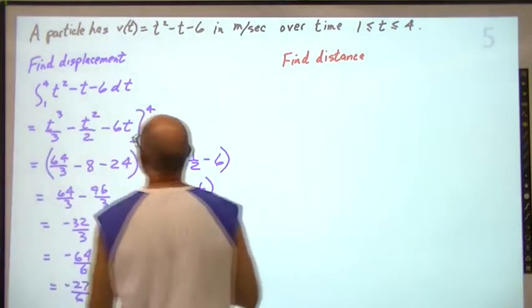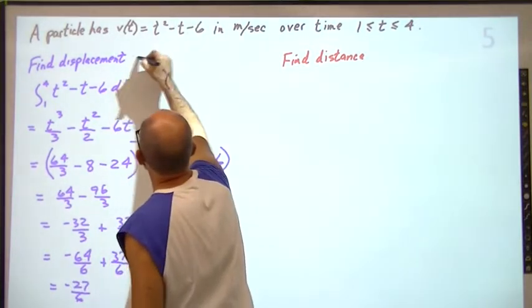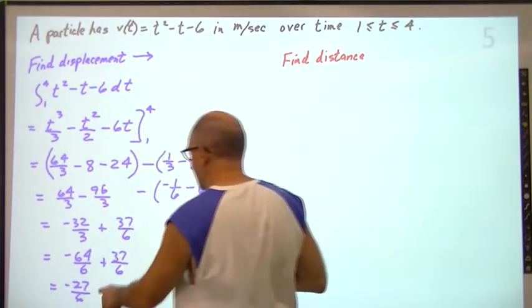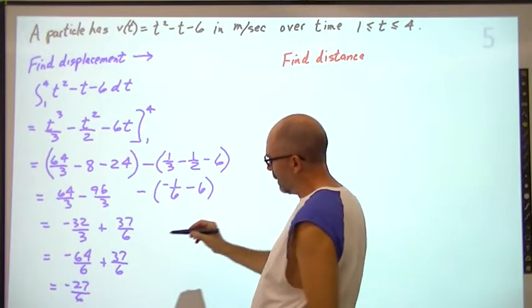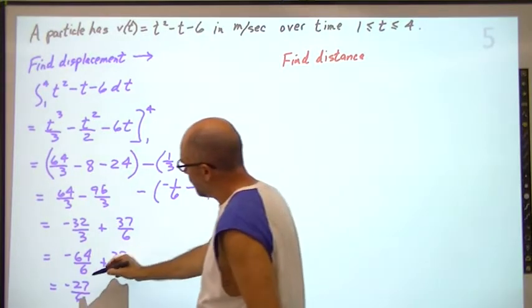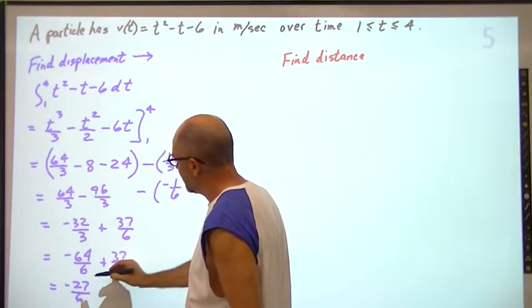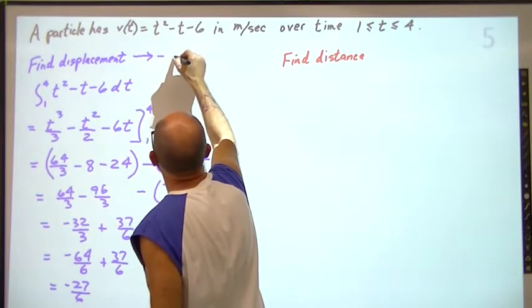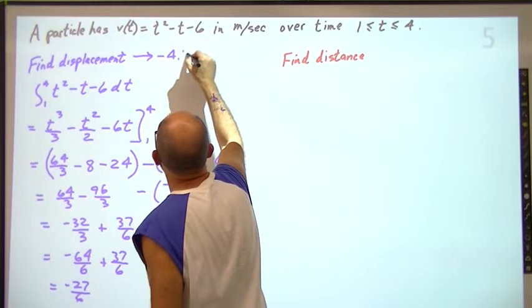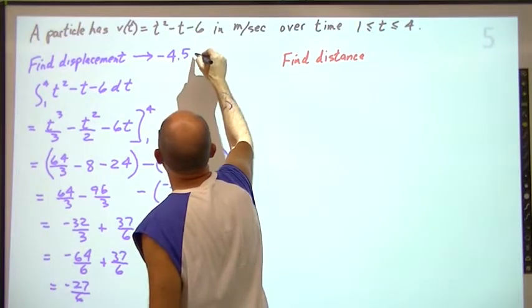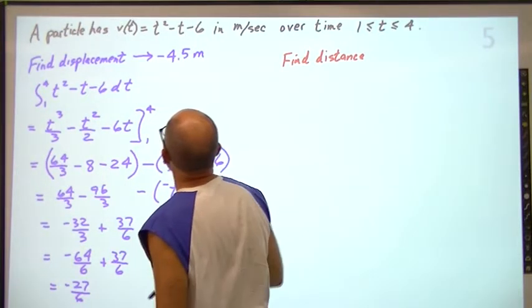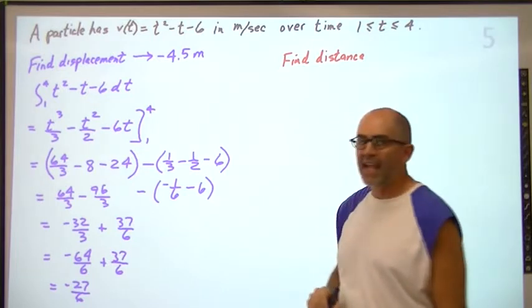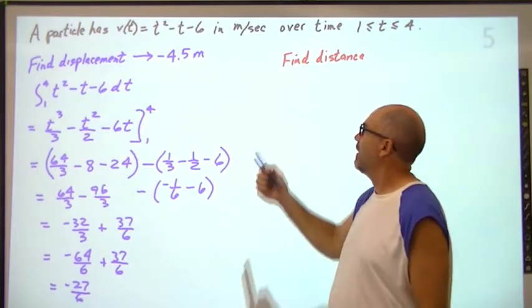Okay, so that means displacement is negative 27.6, which when I divide by 3, it becomes negative 9/2. So displacement is negative 4.5 meters.